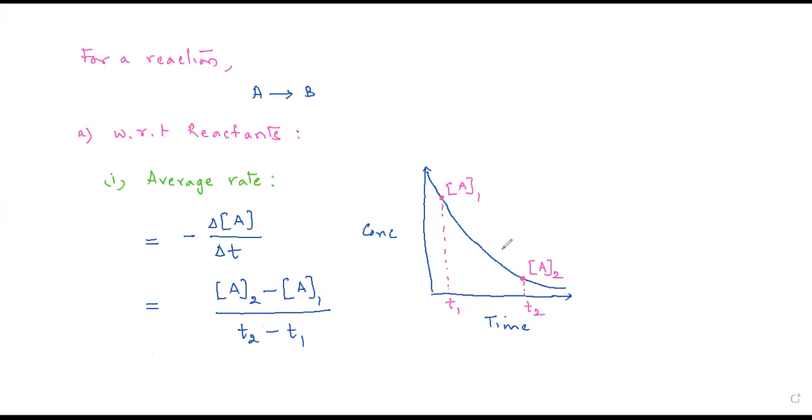But because A2 is less and A1 is more, this value comes out to be negative. To make it a positive value, a minus sign is in fact used. Of course, it can be given in 2 ways. Minus refers to decrease in the concentration of A with time. And of course, the overall value can be made positive, taking this negative sign.